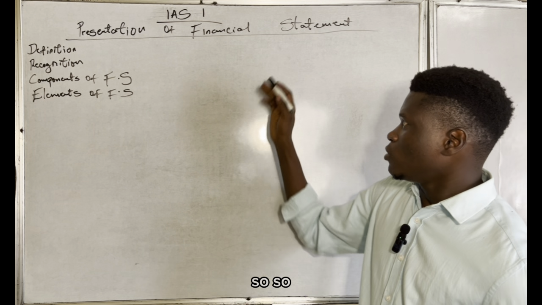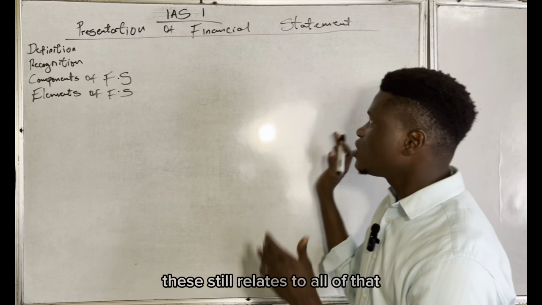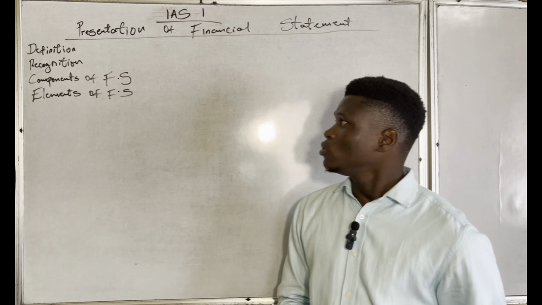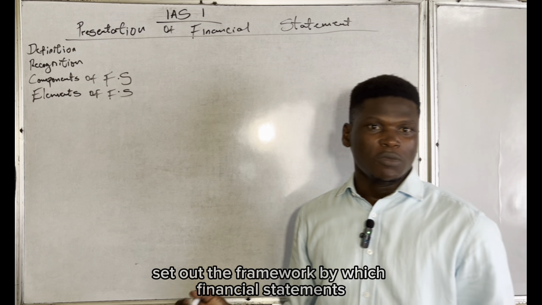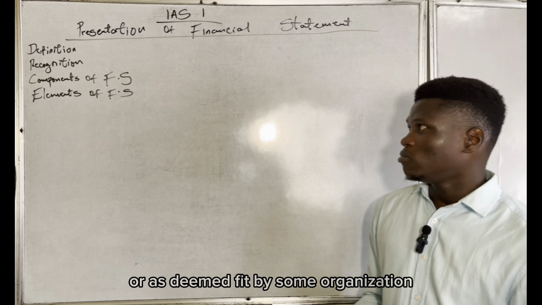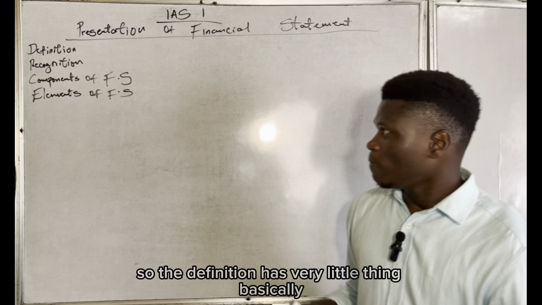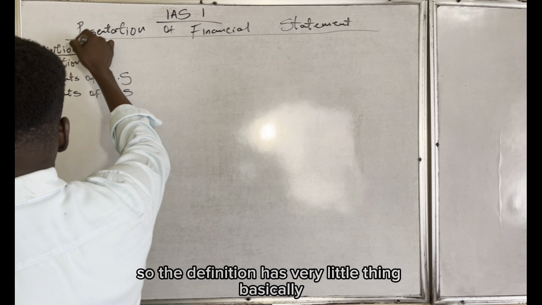So for quoted companies who are to publish their financial statements, this still relates to all of that. So we'll just do them gradually. So IAS 1 sets out the framework by which financial statements are to be presented in the public market or as deemed fit by some organization.